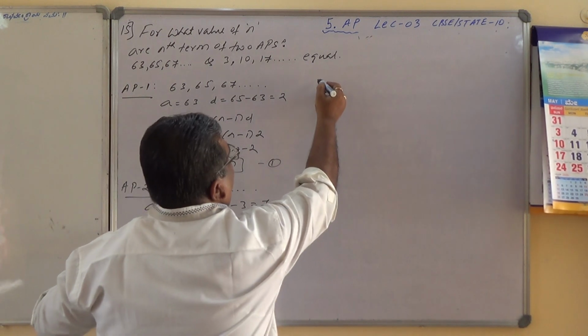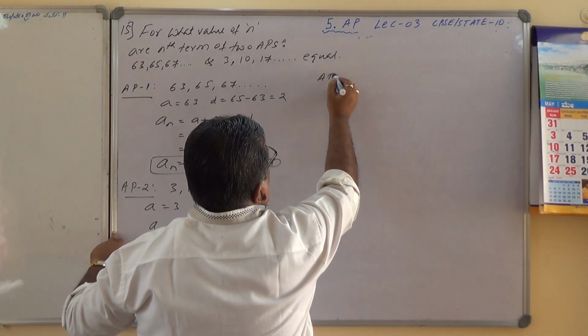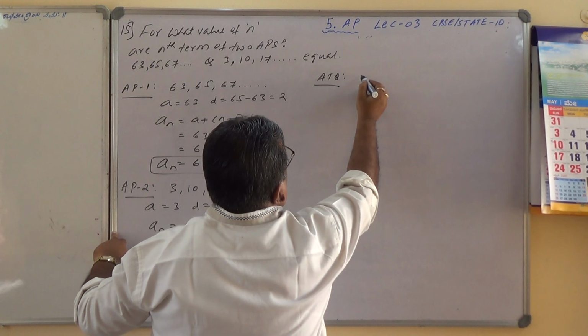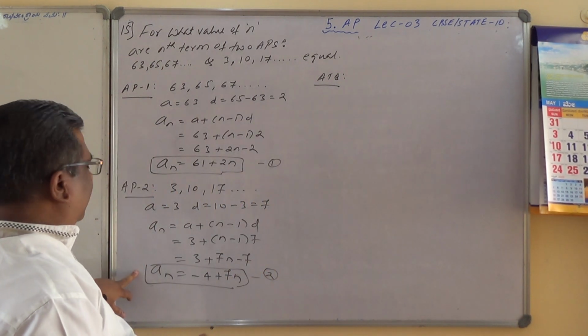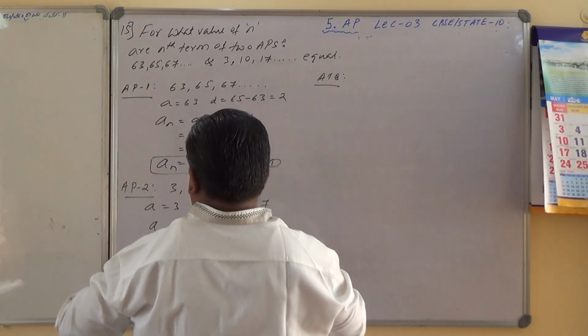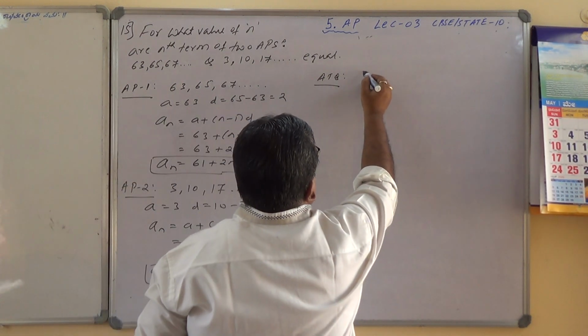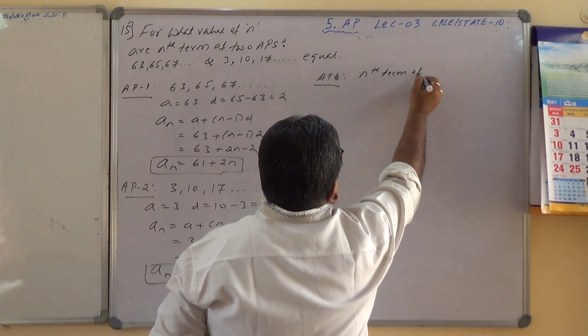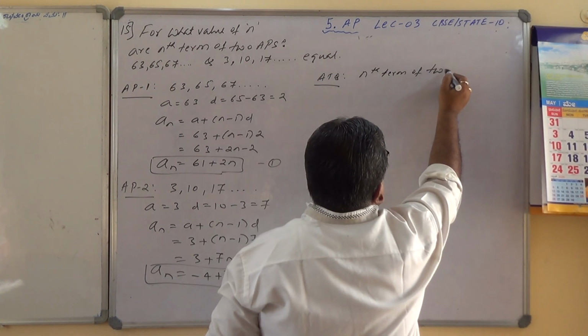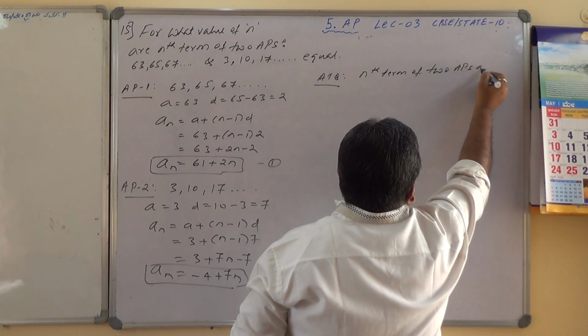So, according to the question, this an and this an are both equal. The nth terms of the two APs are equal.